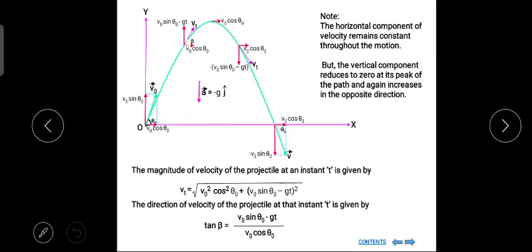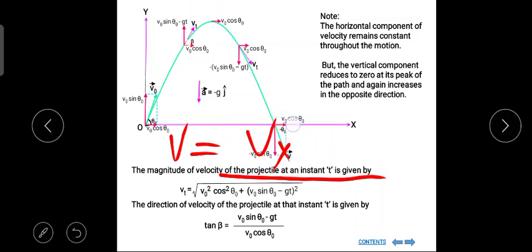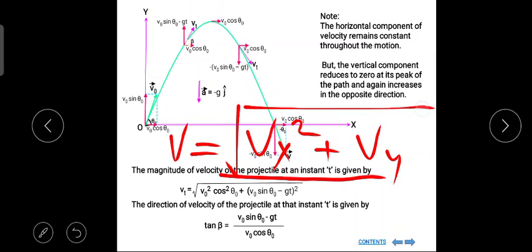Okay, moving forward. Now, what will be the magnitude of the velocity? The magnitude of velocity of the projectile at an instant t could be given as the summation of the squares of the horizontal component plus the vertical component, taken under root. This is the total velocity along the x and y directions.